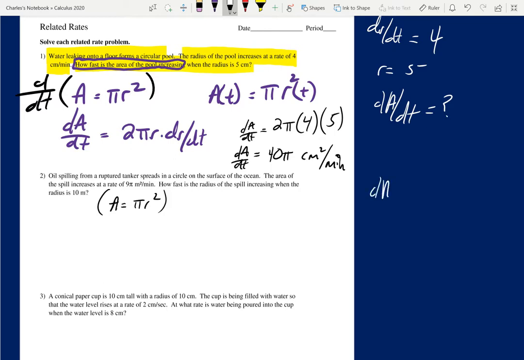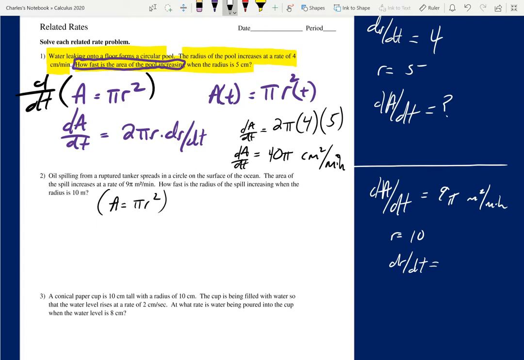You may think to yourself, what is that? Well, that's dA/dt. So dA/dt is equal to 9 pi meters squared per minute, when the radius is 10. And then you might want to say to yourself, what are we looking for here? How fast is the radius? We're looking for dr/dt.